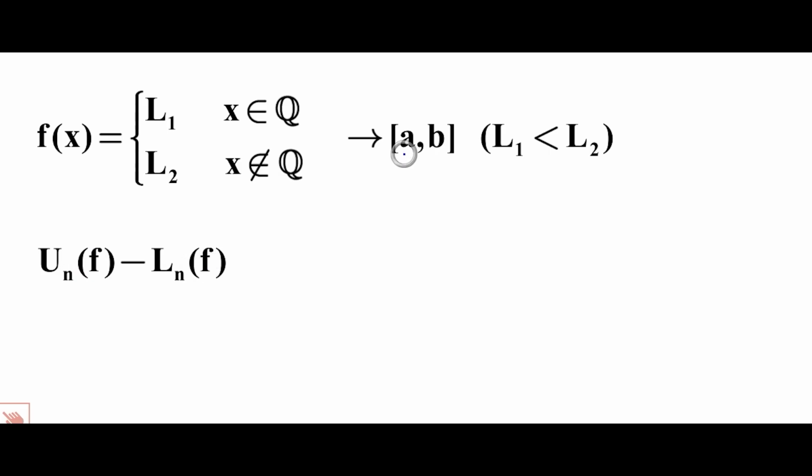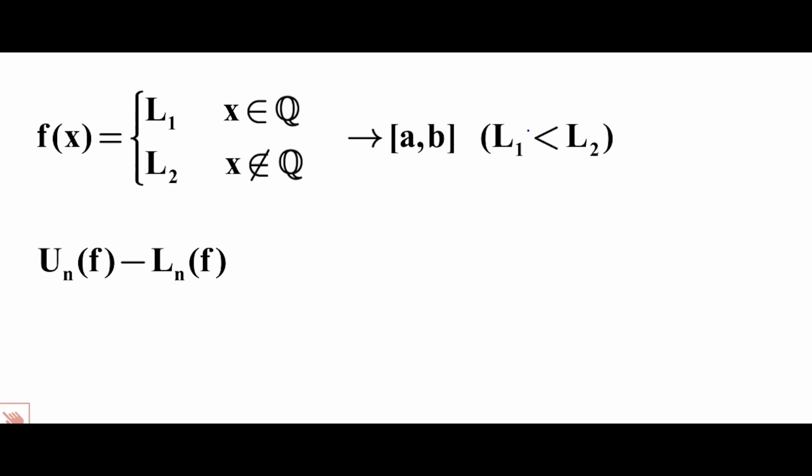Because the rational numbers and irrational numbers are dense in any interval, in every subinterval the maximum value will always be L2 and the minimum value will always be L1. This gives us a simple result for our upper and lower sum.